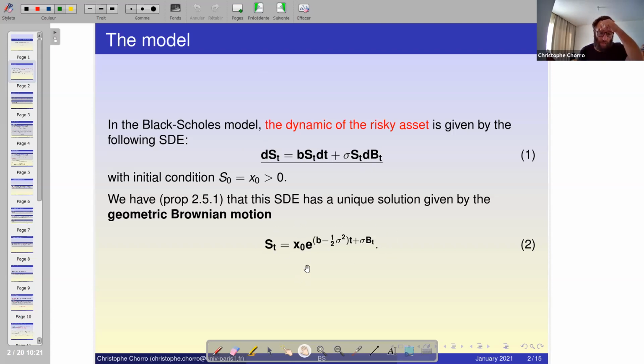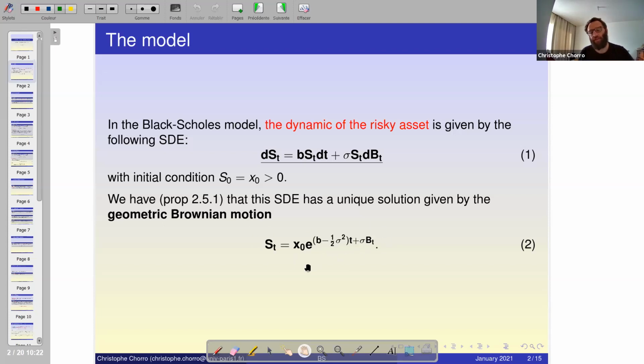So I have a process for the risky asset that depends on two parameters, b and sigma. b is called the drift and sigma is called the volatility. And at the end of this session, I will say a few words concerning the way to fix them, at the very least for sigma.